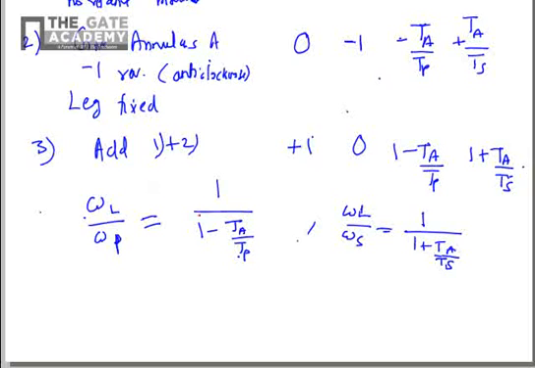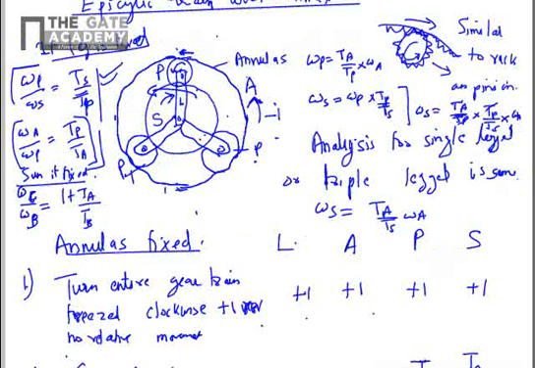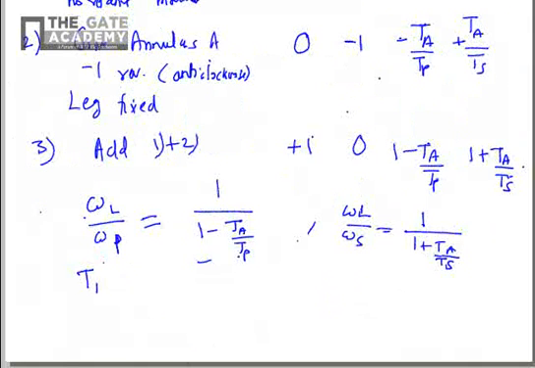direction of motion you can find from this geometry that sun and planet are opposite sense. For finding the relative rotation sense for the leg and the planet, you can see this equation. From this figure, you can see that the annulus is much bigger than the planet, and it has to be bigger than the planet, otherwise planet will not come inside the annulus. So number of teeth on A will be greater than number of teeth on P. So hence Ta by Tp will be greater than 1.